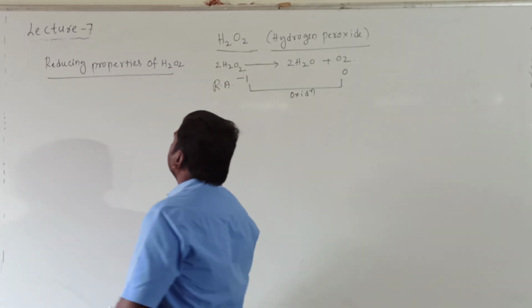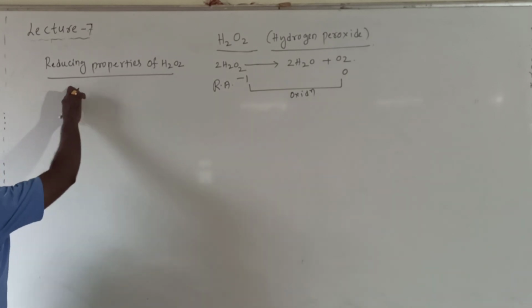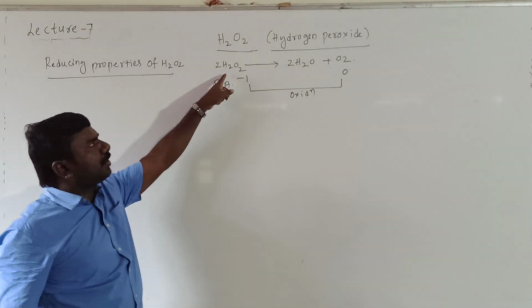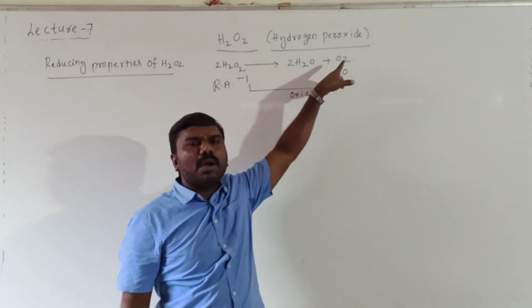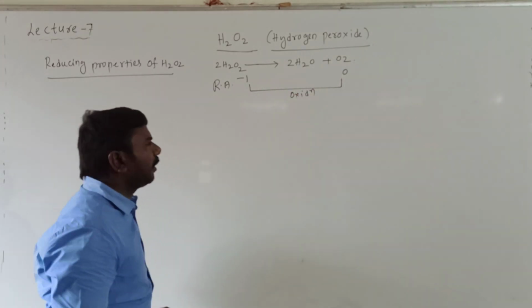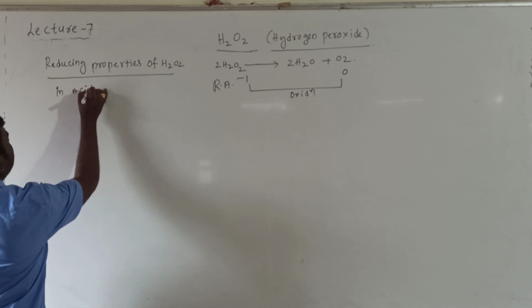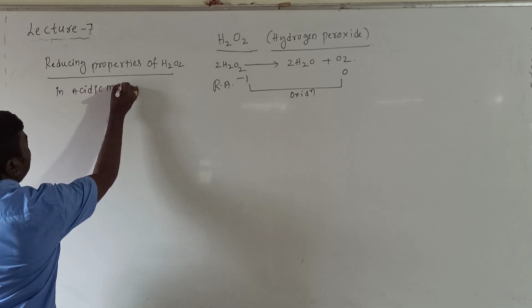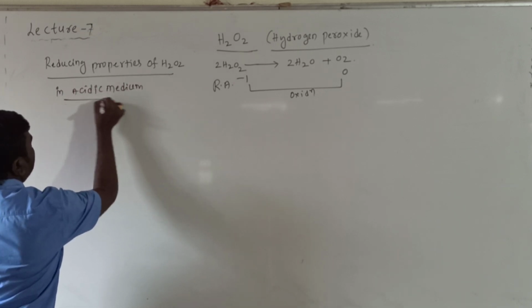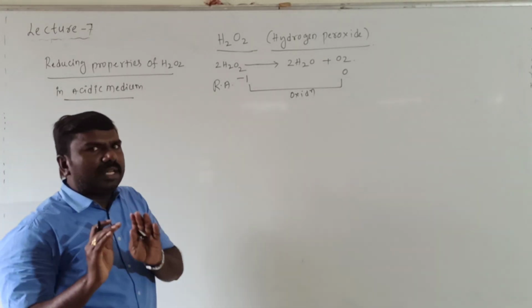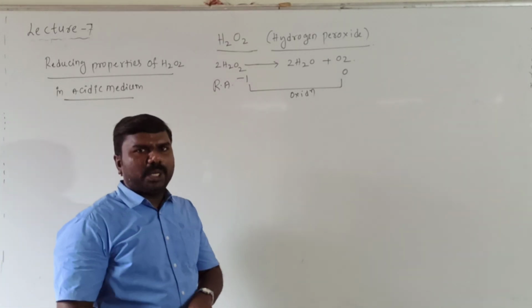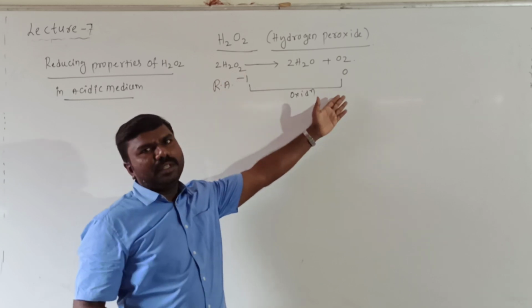So now, reducing properties of H2O2. H2O2 is converted into H2O and O2. Remember. First one, in acidic medium. Reducing properties in acidic medium and basic medium, the equation will be the same.